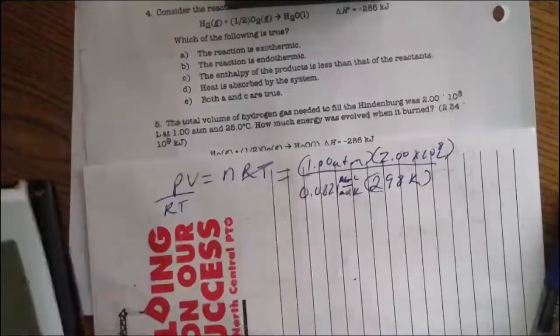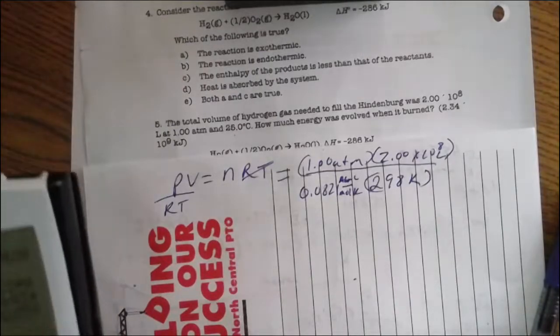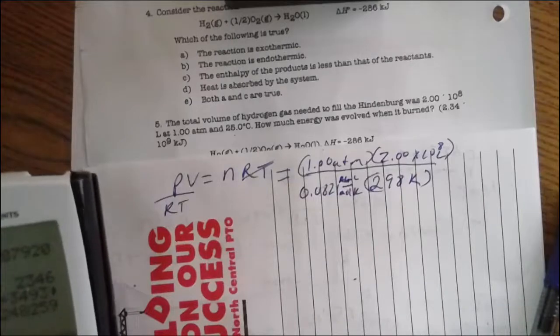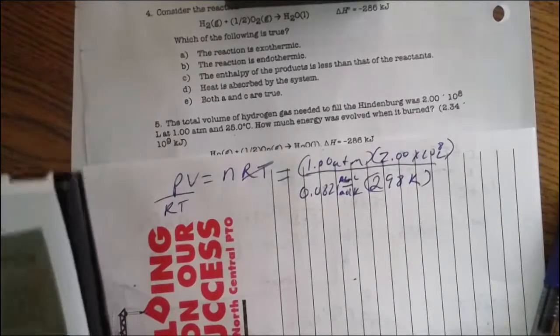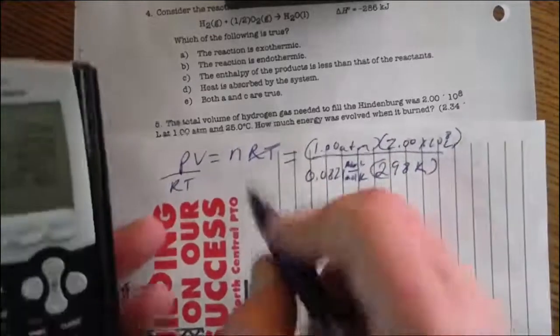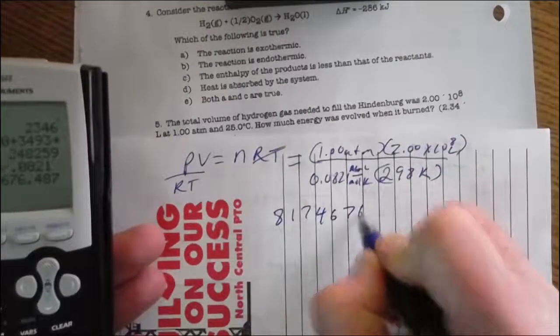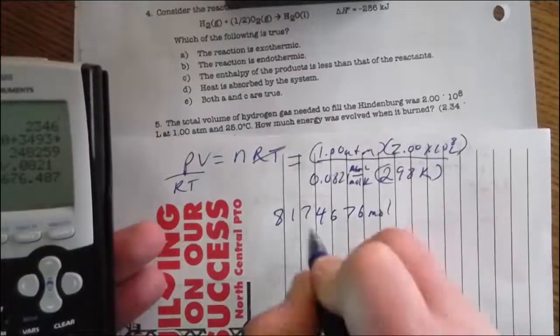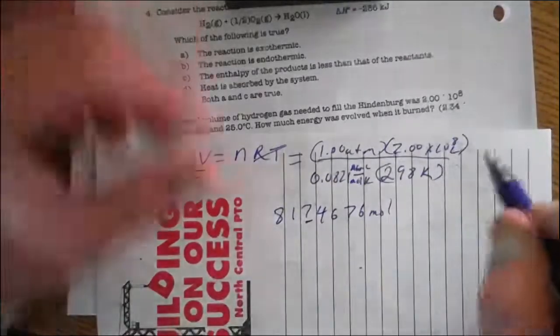What do we want? We want moles. So everything except for moles is going to cancel. Man, that's a lot of moles, isn't it? That's how many moles with 3 significant digits. So that's quite a bit.